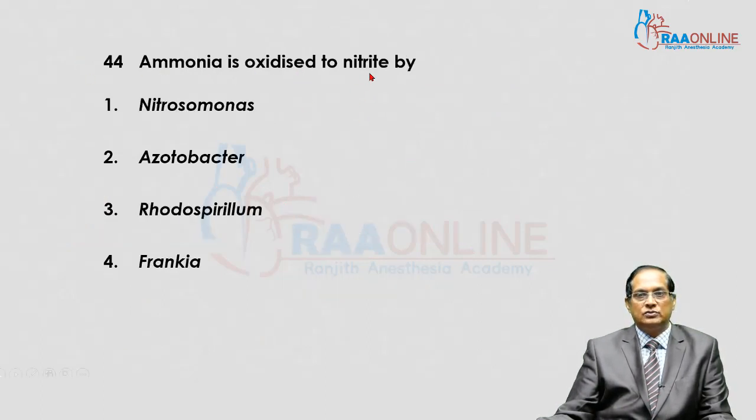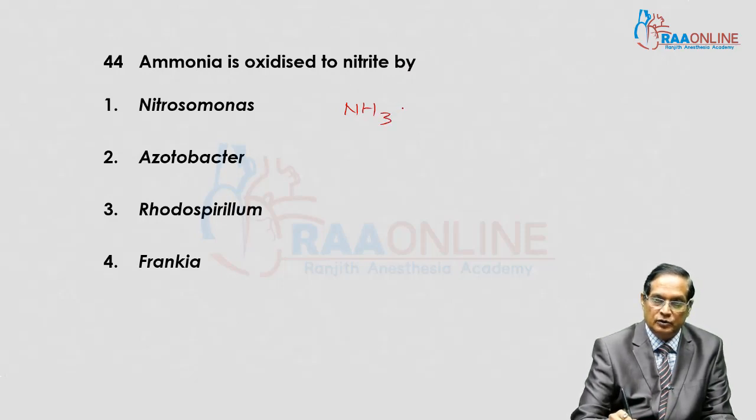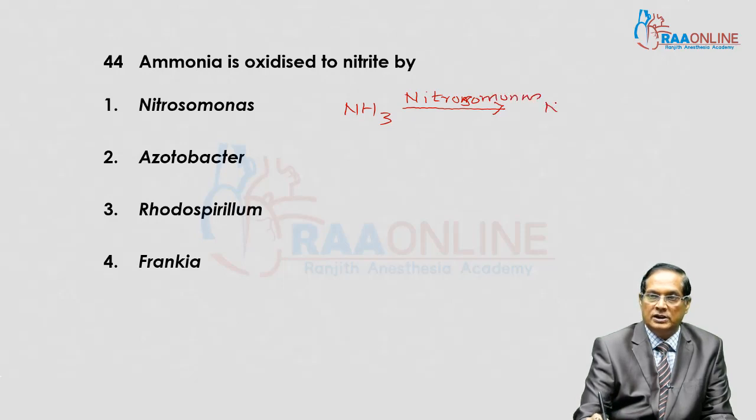Ammonia is oxidized to nitrite during, if the soil receives ammonia, if ammonia is there in the soil, first of all it is oxidized into nitrite by Nitrosomonas. Then Nitrobacter is also there.